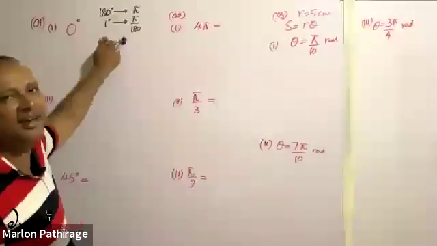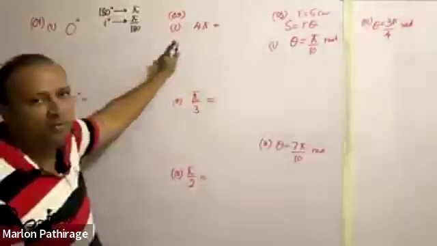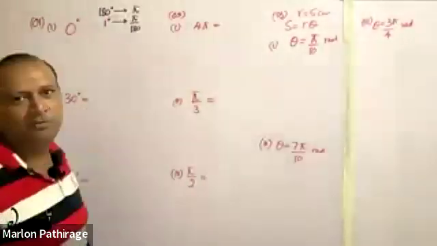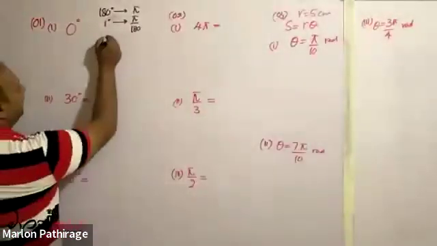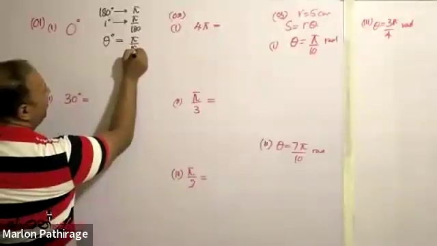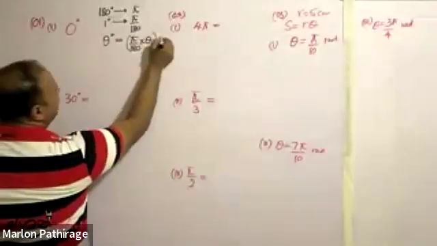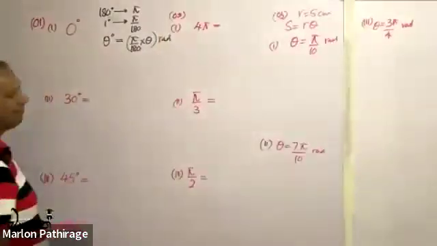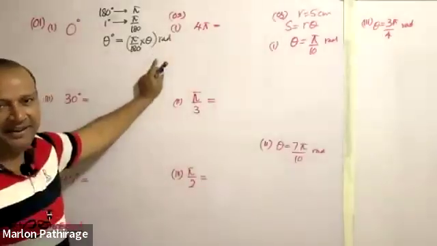Therefore, theta degrees, you have to multiply both sides by theta. Theta degrees is equal to pi over 180 into theta radian.